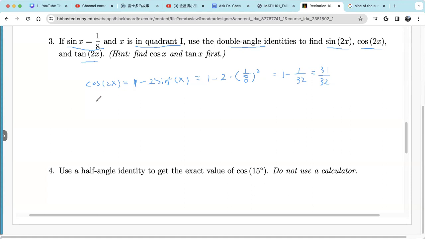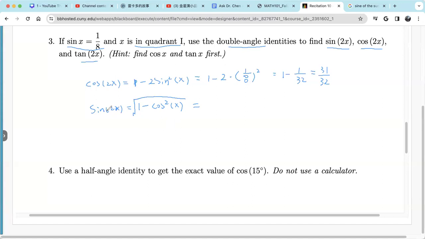Once we have cosine of 2x, we can find sine of 2x. Sine squared of 2x equals 1 minus cosine squared of 2x, right? Then we square root.